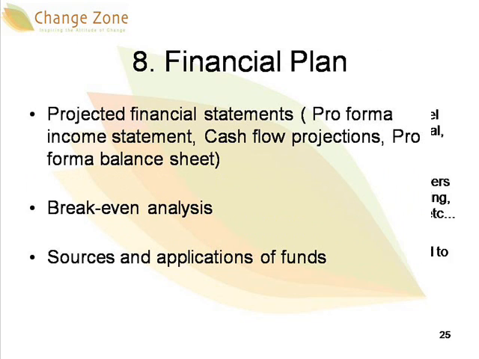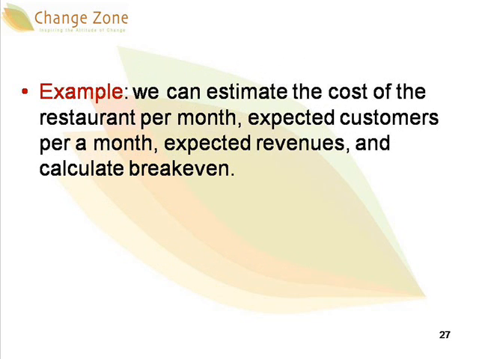Financial plan. Operating, sales, and manufacturing budgets should be estimated. This part includes budgets, financial statements, the income, cash flow, and balance sheet statements, calculations for break-even, and the sources of needed funds. For example, we can estimate the cost of the restaurant per month and expected demand on meals per month, based on surveys or historical patterns.